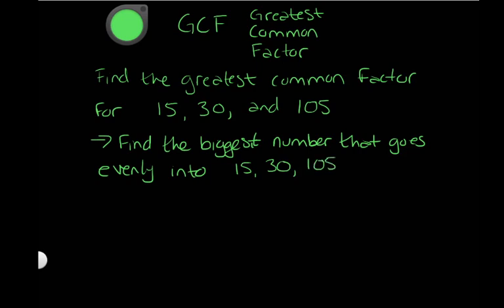So I'll save us a little bit of time, and I've already done the chart like we did with 12. So I'm just going to give you what the factors are. So factors of 15 are 1, 3, 5, and 15. So 1 is always going to be a factor because 1 always goes evenly into the number. All right, factors of the next one, which is 30.